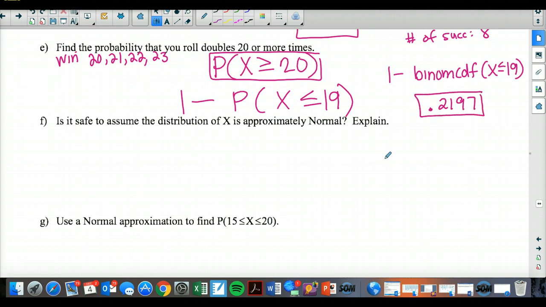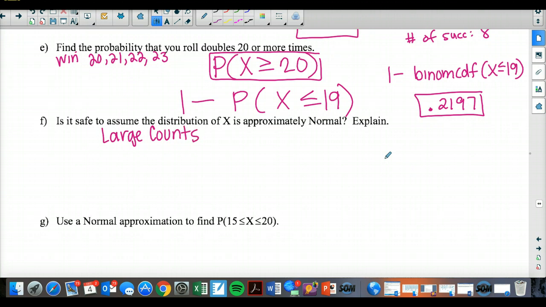Is it safe to assume that it's approximately normal? We had that today on your quiz. It's what I taught at the end of chapter 6, in the video, and it is called large counts.